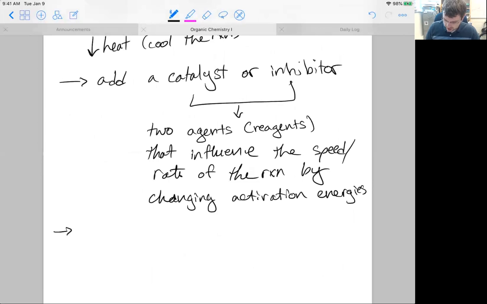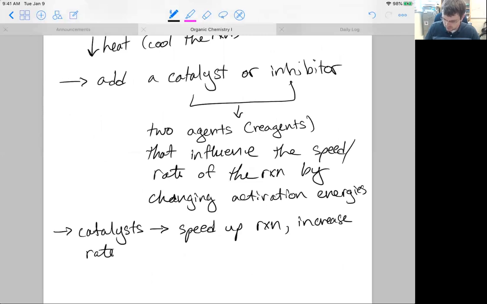And so catalysts speed up the reaction. That is to say, they increase the rate. So maybe that's a slash: increase the rate by decreasing the activation energy.